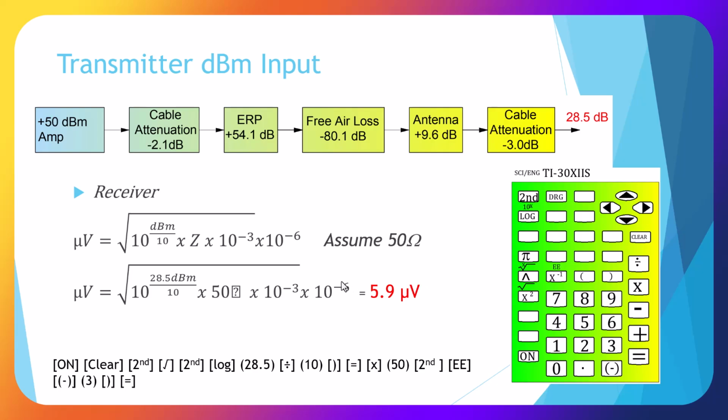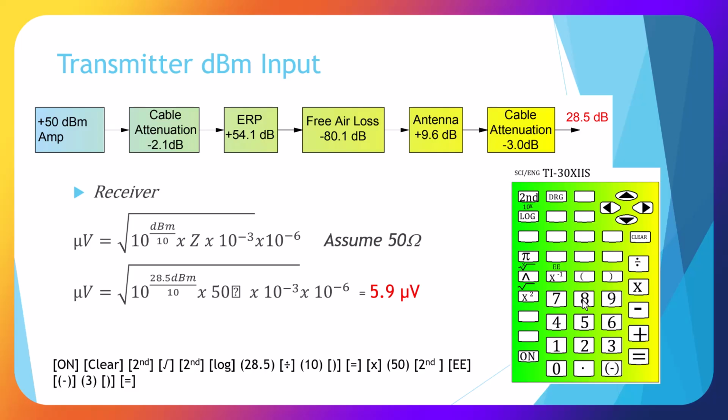So let's go ahead and use our TI-30X2S. So on clear, and we're going to do second x squared, which is going to give us a square root. And then we're going to do second log in order to get us the 10 factor.